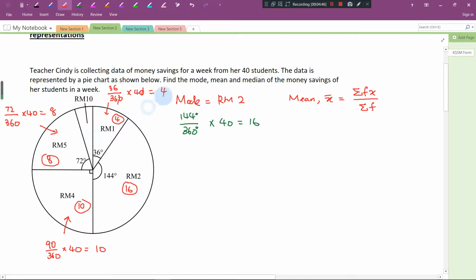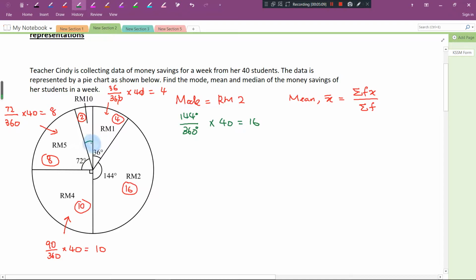If you don't want to calculate, you just take 40 minus this 4, 16, 10, and 8. Then you will be able to get the number of students for this sector. 20, 30, 38. Okay, here will be 2 students. So if you want to double check whether this answer is correct or not, you can do it this way.